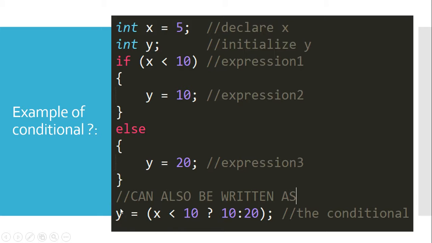So this is how you'd write it in the conditional. I just added a little extra step there. So y is equal to, first you put expression 1 in there, then you put what expression 2 is and what expression 3 is. If it was just x equal to 10, then you wouldn't need all this other stuff. It would just be this statement right here. But we want it to be y. I hope I made that clear.